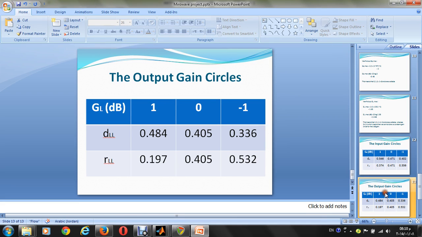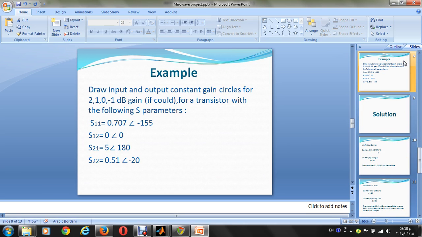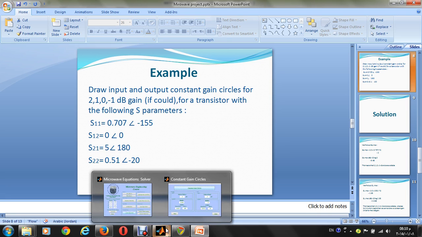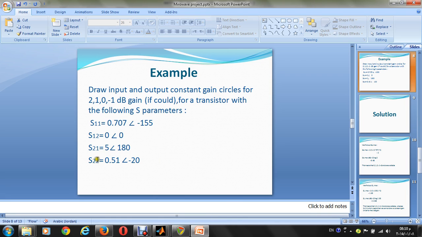Now, to draw the circles at the output, first of all, I come back to the example. I see the parameter that S22 equals 0.51 for an angle of -20. I take the conjugate of this parameter and I go to ketab.